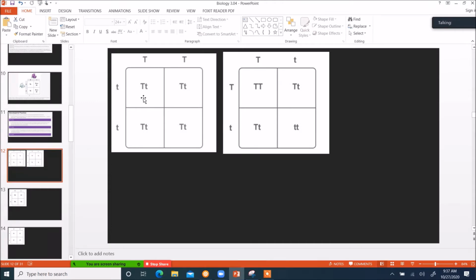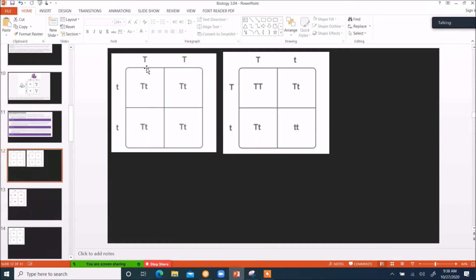All right. So let's take a look at this one. You see the first square. The parent at the top, the first parent, has capital T, and this parent here has a lowercase t. So if we randomly pick one from the top and randomly from the side, these are the different possibilities.